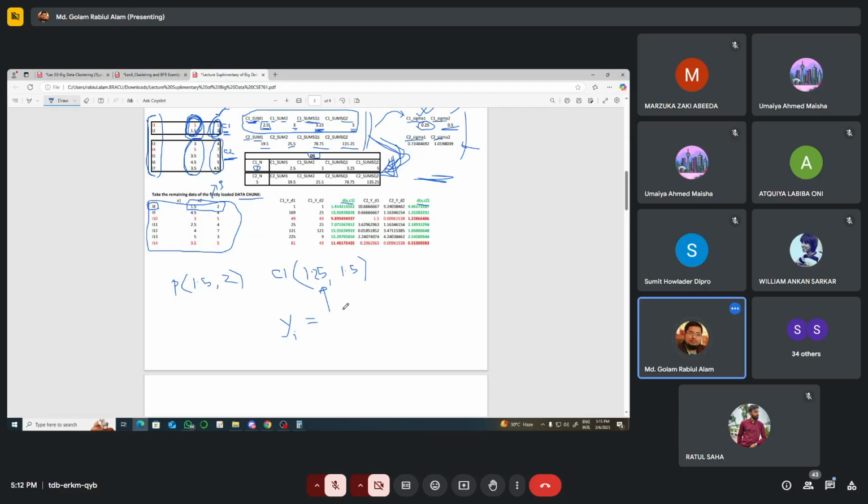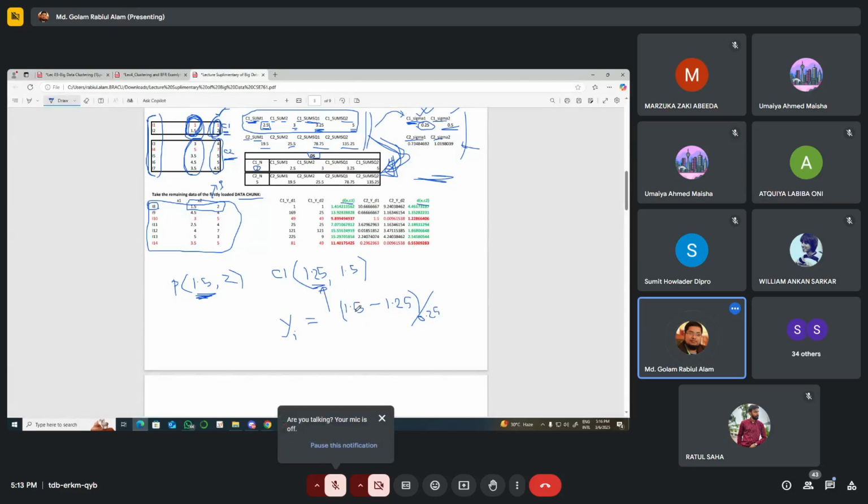So xi is 1.5, this is our xi, and then ci: this minus 1.25, divided by sigma i, that is for the first dimension. The sigma i of the first dimension, this is the sigma for cluster 1, is 0.25.